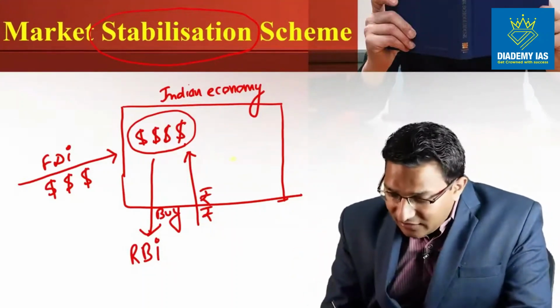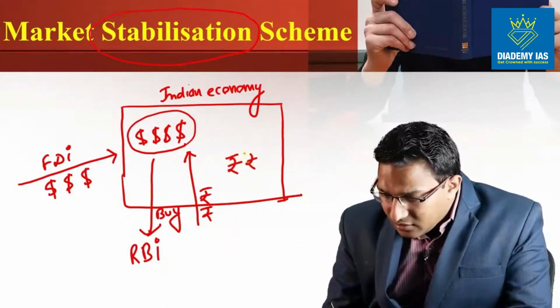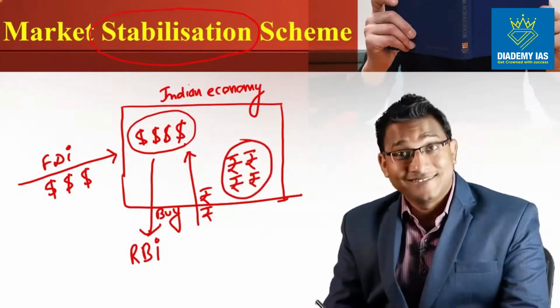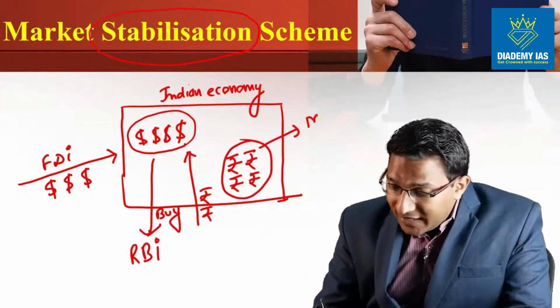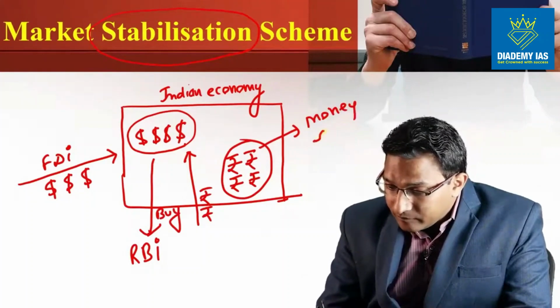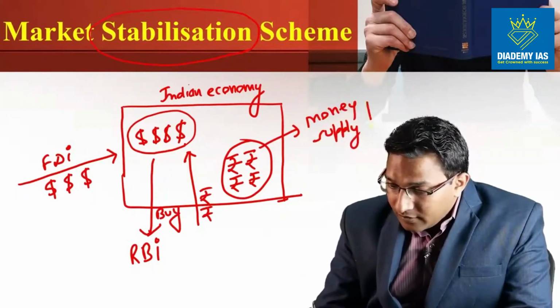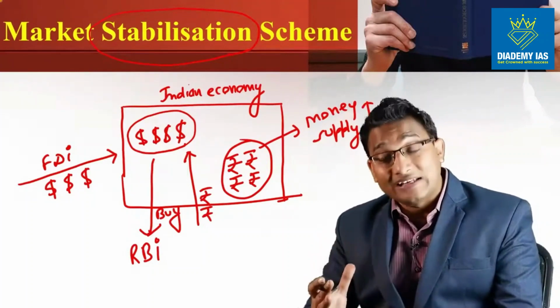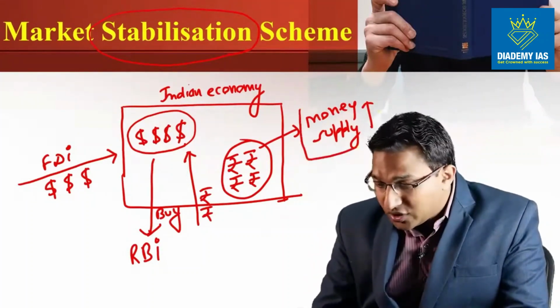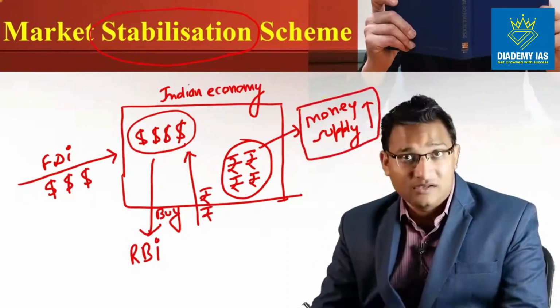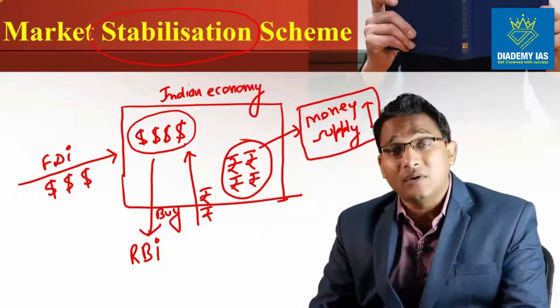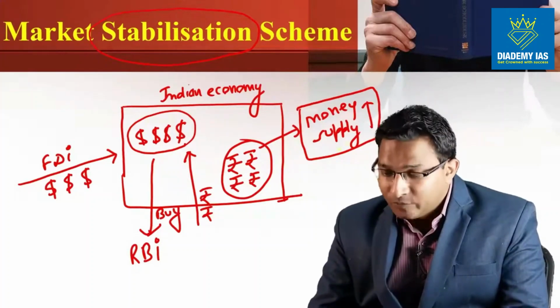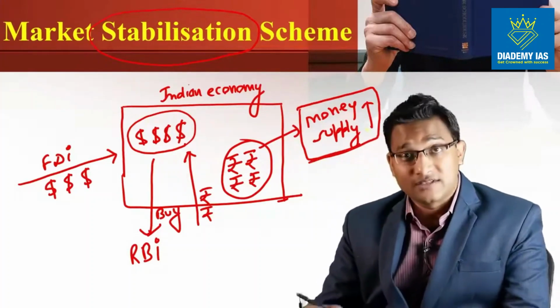When the Indian rupee is being given by the RBI, we see more Indian rupees in the Indian economy, which means the money supply starts increasing. This is not a good situation. This is undesirable because it can lead to inflation and other undesirable consequences. So the increasing money supply becomes a concern.